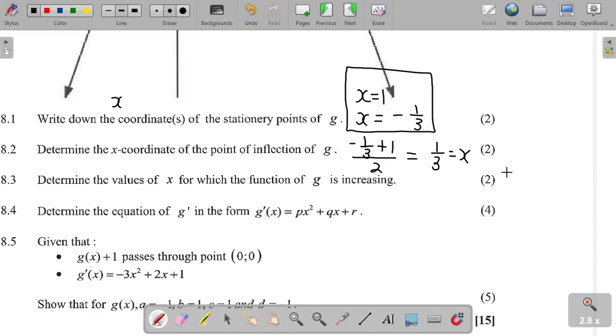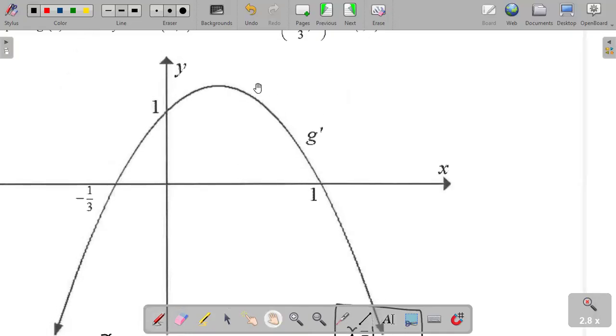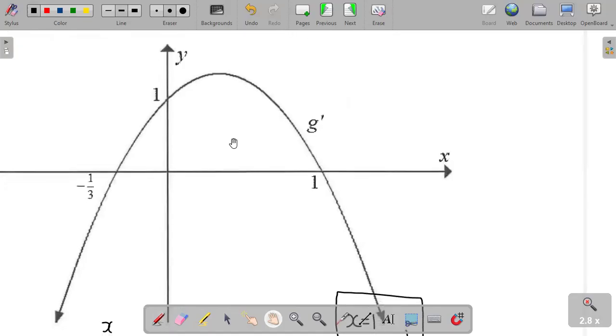And then here, 8.3, they say determine the values of x for which function of g is increasing. Okay, the function of g is increasing. That means where the what? Where the g prime is positive. You can see that g prime is positive where? From negative 1 over 3 until 1.